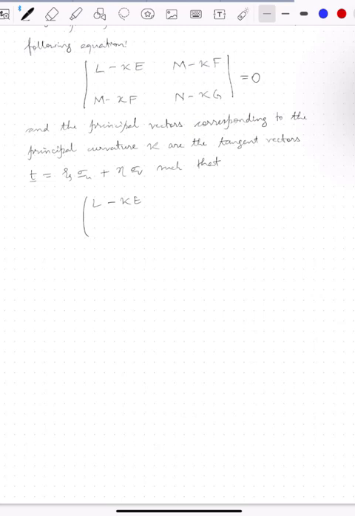So the matrix with entries L minus kappa E, M minus kappa F, and M minus kappa F, N minus kappa G. This is of course a matrix, but I prefer to use square brackets. Then we have zeta and eta. This is equal to 0, 0. So we solve this to obtain the principal vectors, right? Okay.